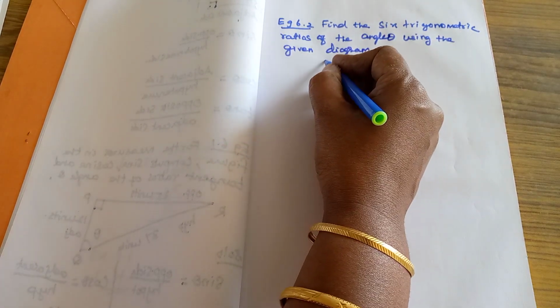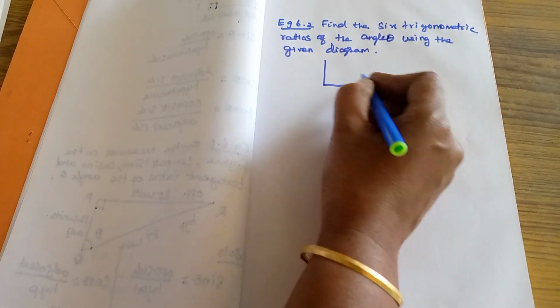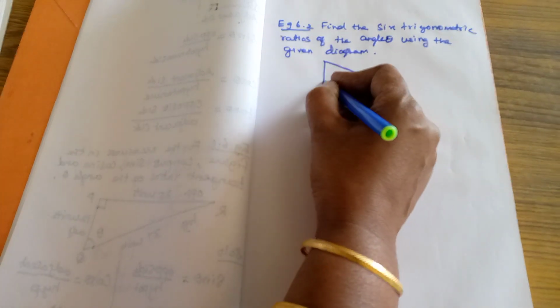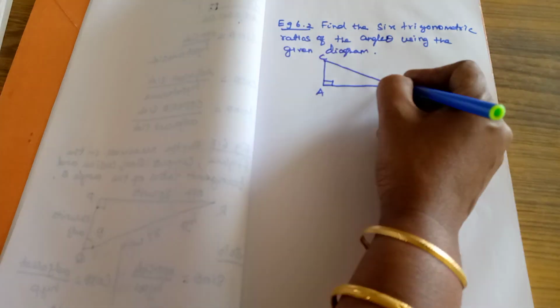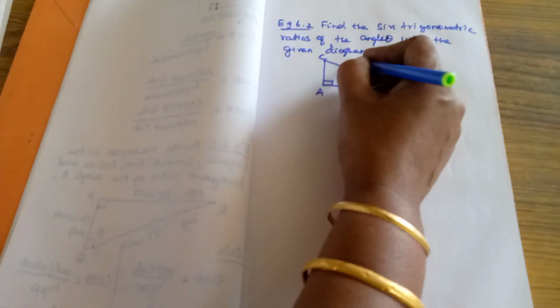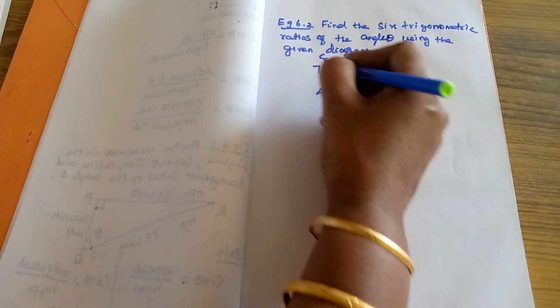The diagram is given, draw the diagram. A right triangle is given and also named A, B, C. It has theta, 25, 7.